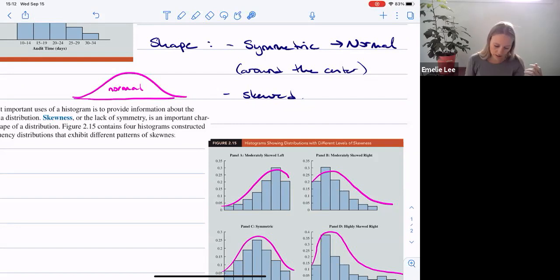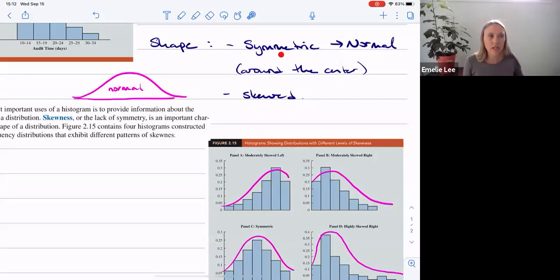But in general, the normal distribution is kind of our go-to, and it happens a lot in pretty much everything: heights, grades, usually. Why can I only think of two things? Speeds, distances, whatever, right? And so the normal distribution looks like this.